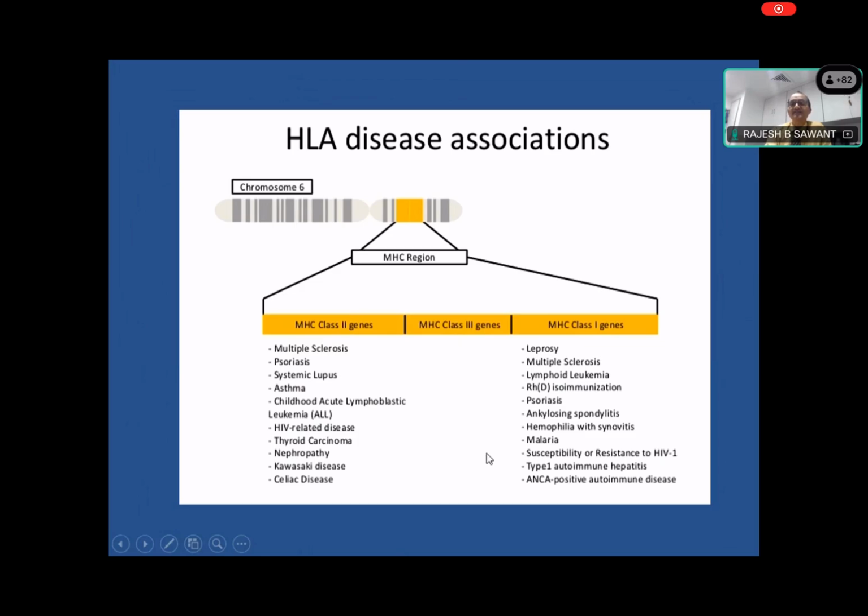So as far as disease association is concerned, you may be looking at class 1.